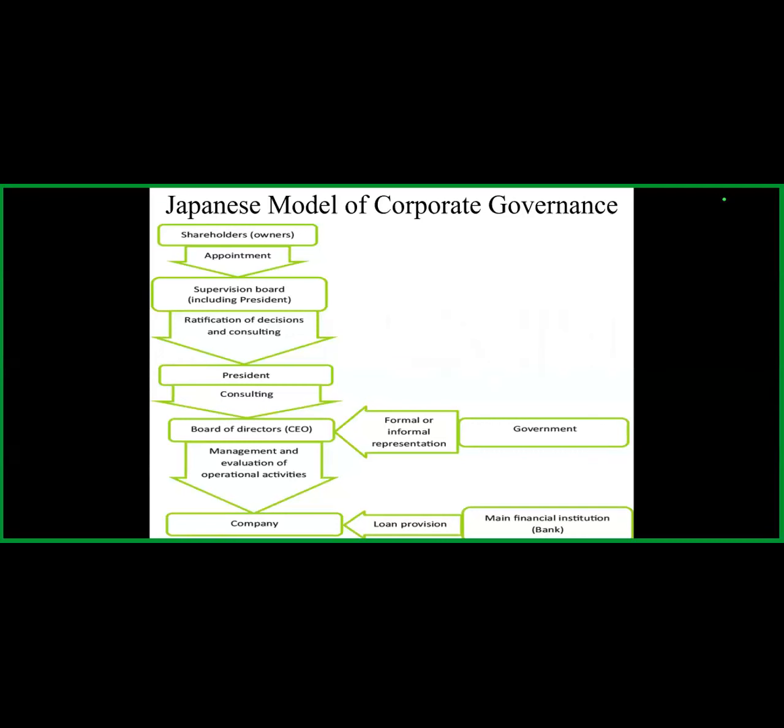When the company comes up with a decision that they want to go for expansion and they want to start a manufacturing unit in India too, the company, before taking the decision, can do consultation with the supervision board.